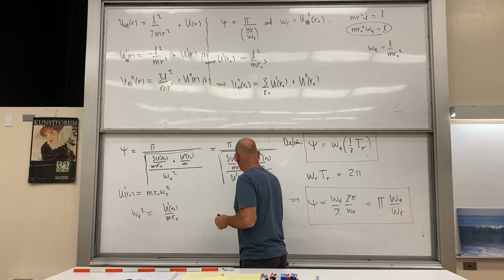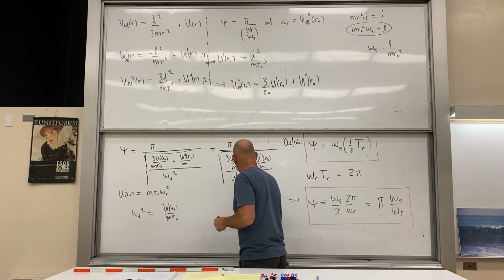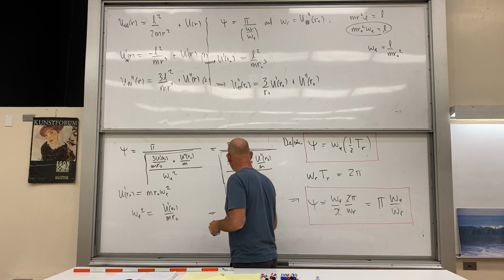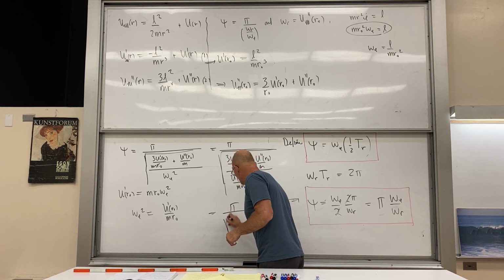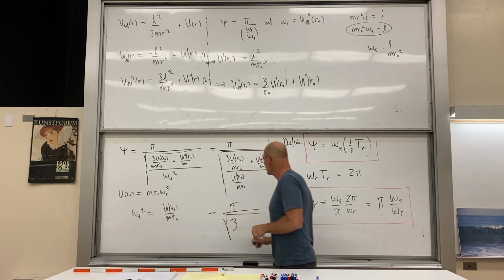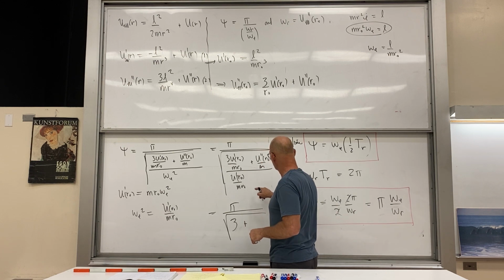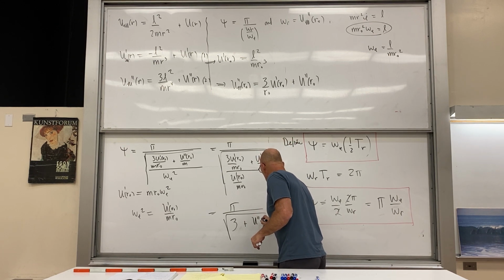U prime of R naught divided by m R naught, and simplify. And we end up with pi root 3. Everything cancels on this one here. And here the m cancels. U double prime of R naught times R naught divided by U prime of R naught.